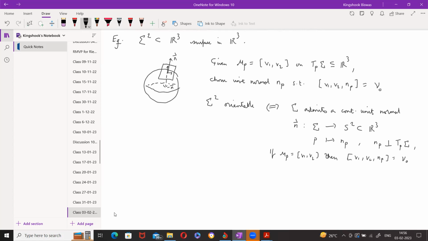Yeah. So for example, of a non-orientable surface, the standard example is the Mobius strip. So sigma equal to the Mobius strip is not orientable.